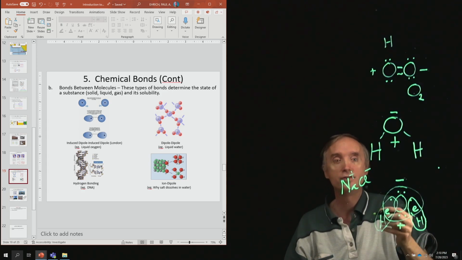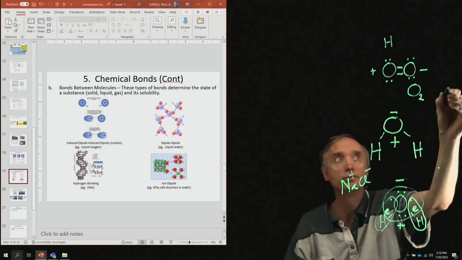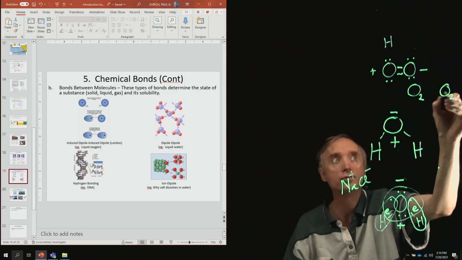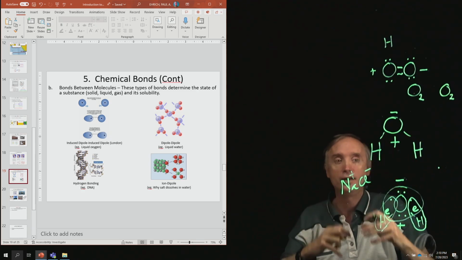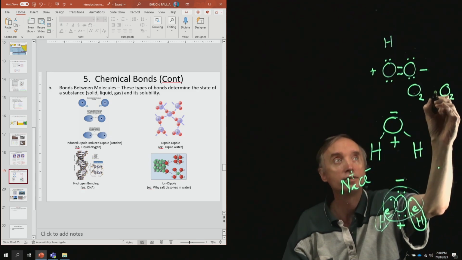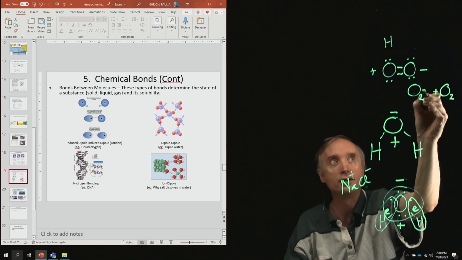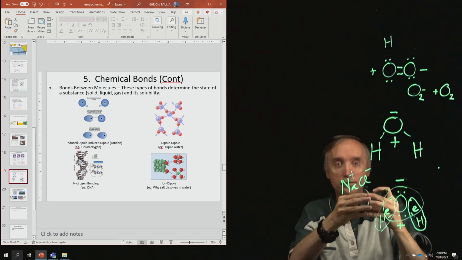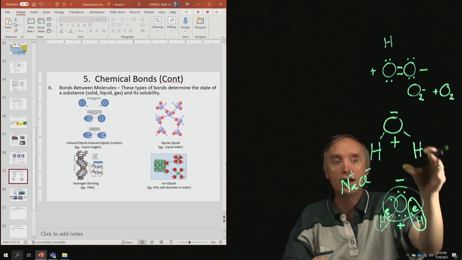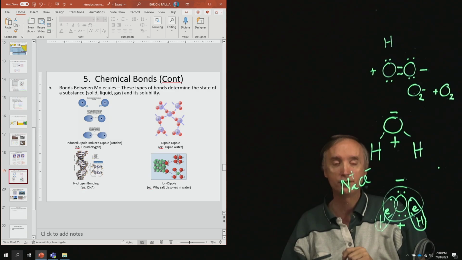So now let's say that you've got 2 oxygen molecules. So you got oxygen molecule here, and you have oxygen molecule right here. And as they get closer together, it might just happen that this side is positive for a split second, and then this side is negative for a split second, and then the 2 of them will go together, and now you have a conglomerate of oxygen when that happens.